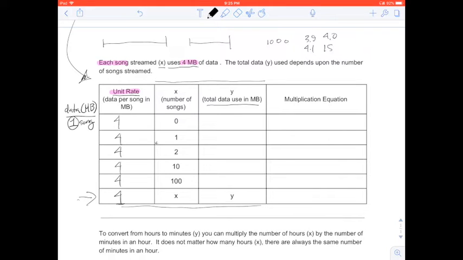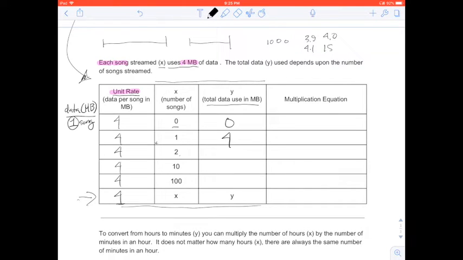It's 4 megabytes for one song, so 4 megabytes. If we didn't download any songs in a month, how much data would we use? Think about that one for a moment. How much data if you drop your phone and it breaks, or your parents take it away? So 0 songs, it's going to be 0 data.